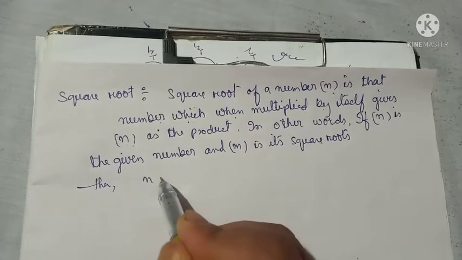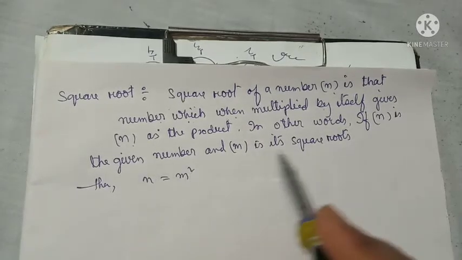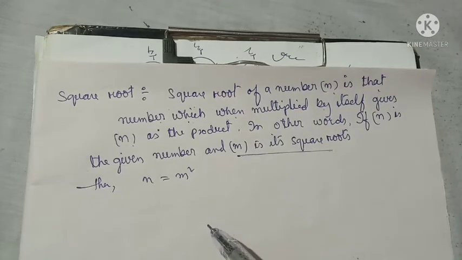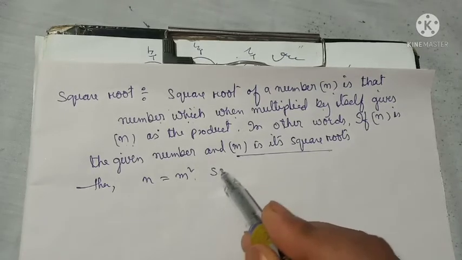Then n equals m square. Because n is a given number, the square root of n is m, so n equals m square.